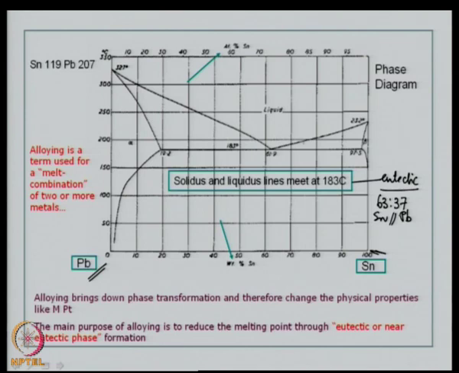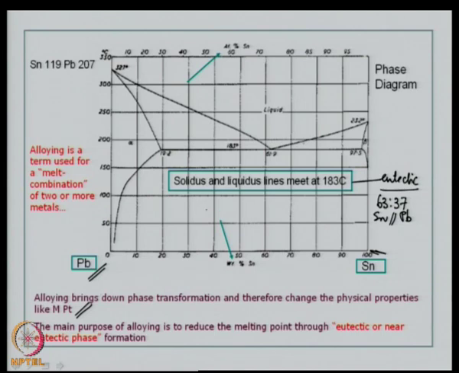Alloying brings down the phase transformation temperature and therefore changes physical properties like the melting point, which is exactly what we have achieved by mixing lead with tin. The purpose of adding lead to tin is to reduce the melting point, because individually the melting points of tin and lead are very high. So, the main purpose of alloying is to reduce the melting point through eutectic or near eutectic phase formation.